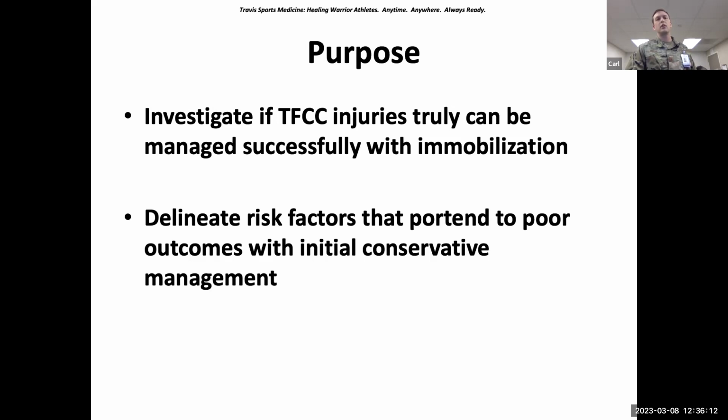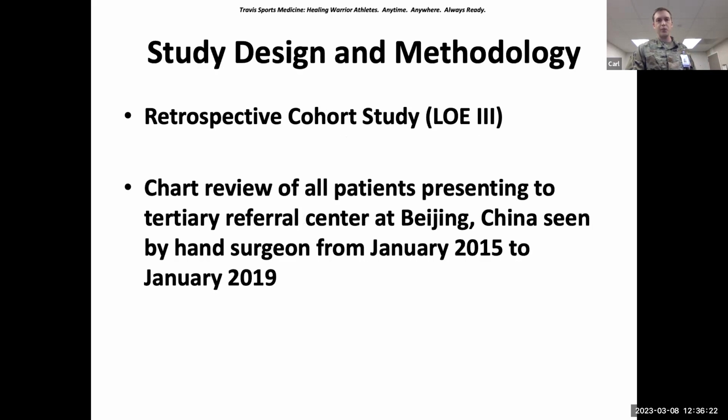And the other secondary goal of the whole paper was to try to identify factors that portend a poor outcome from there.